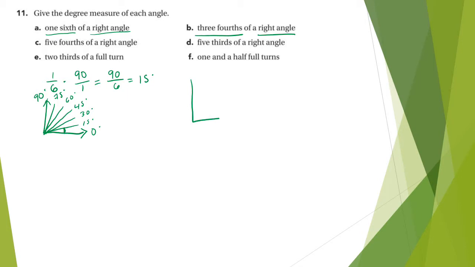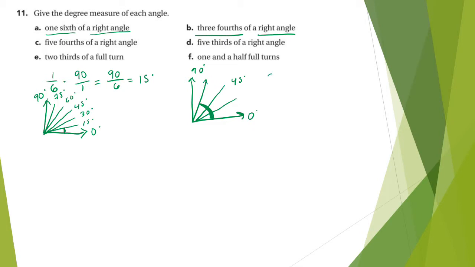For B, I'm asked to find 3/4 of a right angle. So again, I could make a sketch going from 0 to 90 and thinking about how 3/4 is going to be bigger than 45 degrees, however smaller than 90 degrees. So I'm talking about this amount right here. There's a number of strategies you could use. You could add 90 and 45 together, for example, and divide by 2 to find this exact value right here.